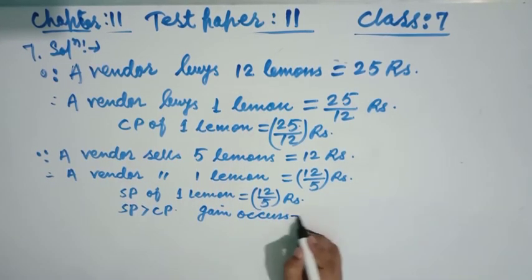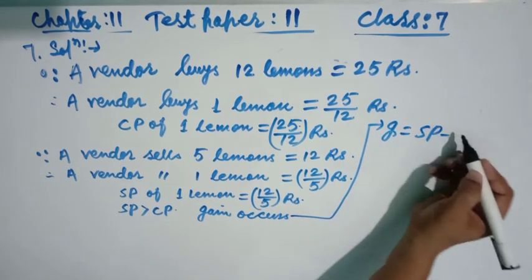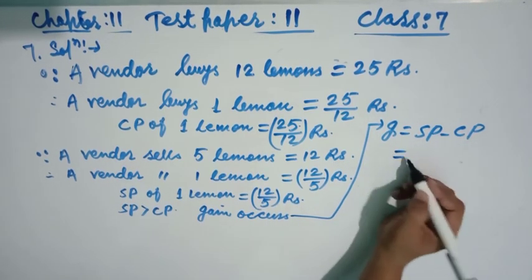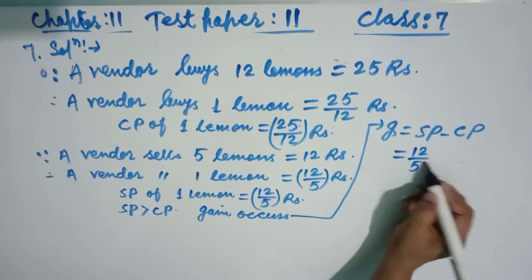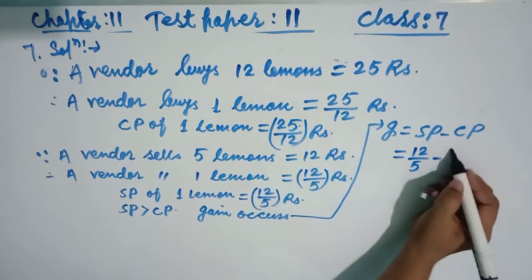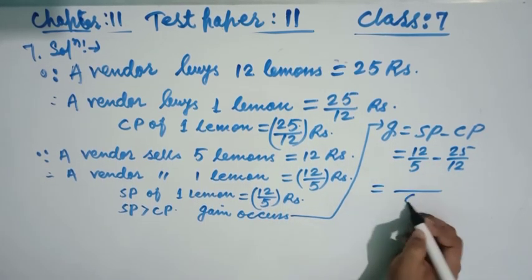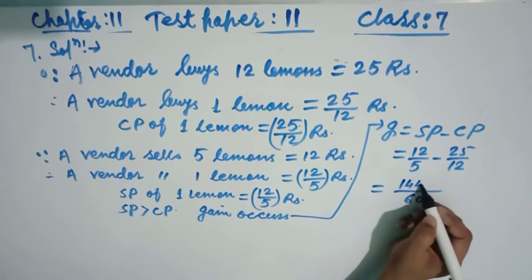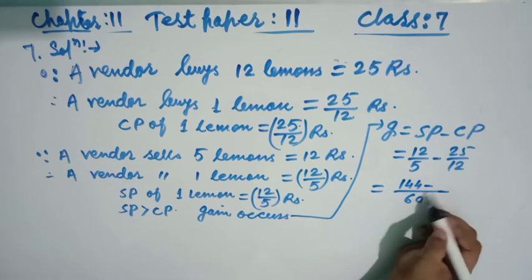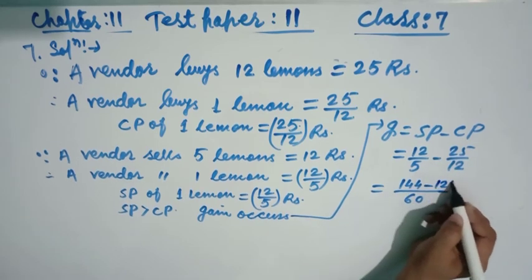Now, friends, gain occurs, that means we have to first find the gain. Gain is equal to SP minus CP. The SP is given, 12 by 5, minus CP, which is 25 by 12. Now calculate, friends. LCM is 60. 60 divided by 5 is 12, times 12, 144, minus 60 divided by 12 is 5, multiplied by 25, 125.